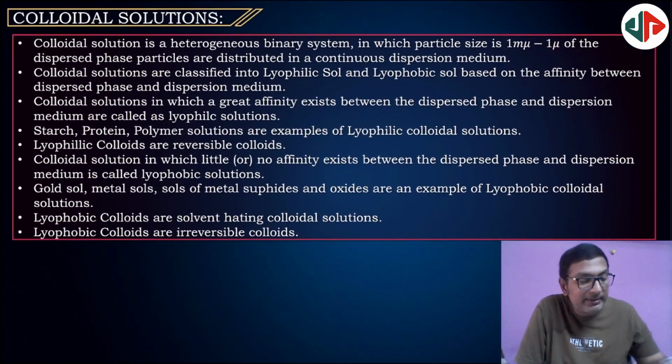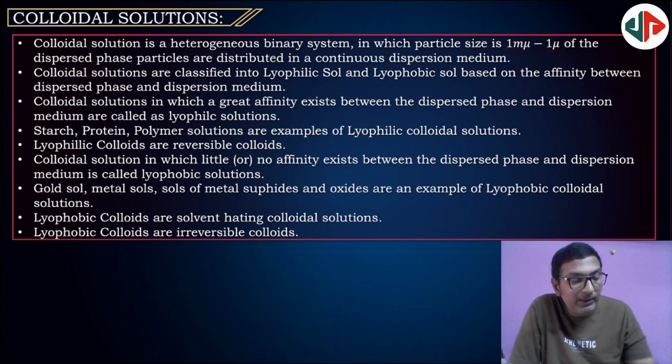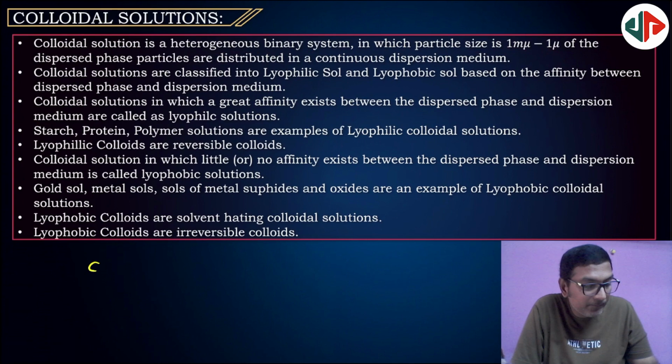Next, colloidal solutions. A colloidal solution is a heterogeneous binary system in which particle size is 1 millimicron to 1 micron, or we can say colloidal size is 1 nanometer to 1000 nanometers.